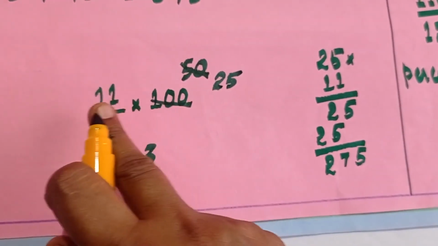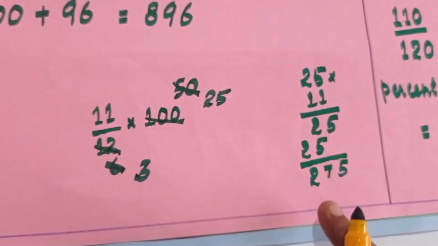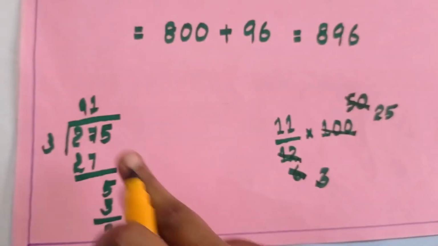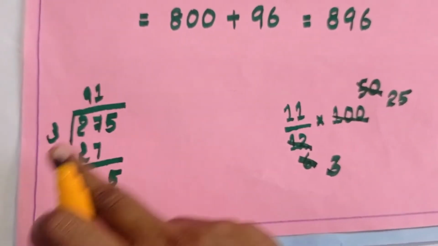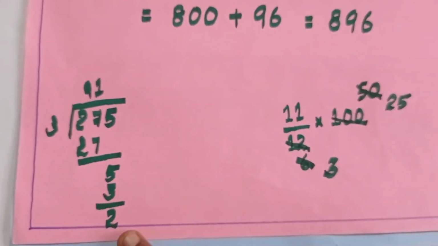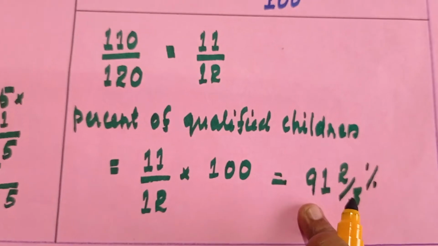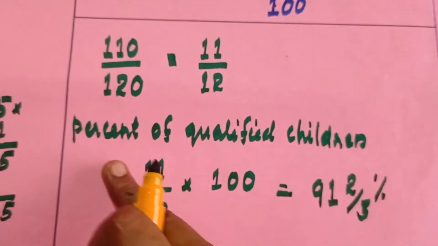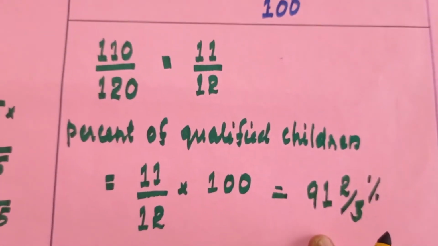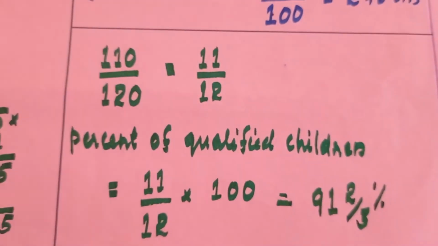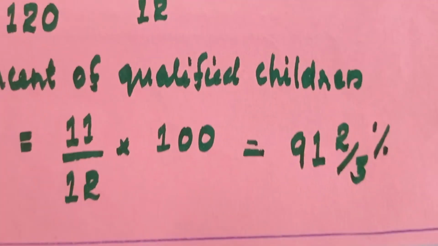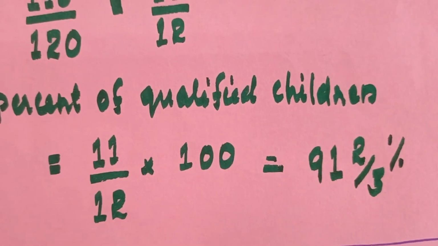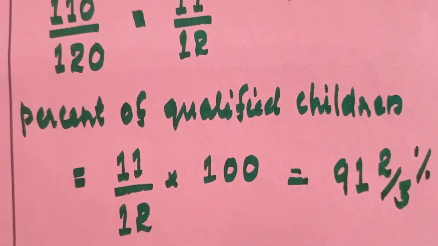Then 25 into 11 is 275. 275 divided by 3, we get 91 and remainder 2. The answer is 91 2 by 3%. Then the percent of qualified children is 91 2 by 3%. That is, 91 2 by 3% of children qualified for higher studies.